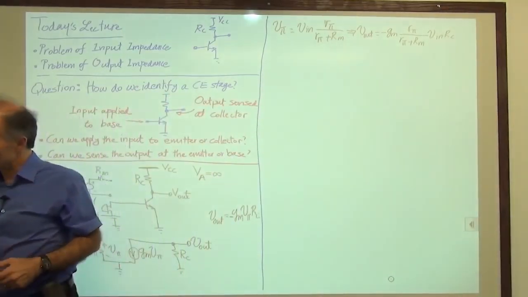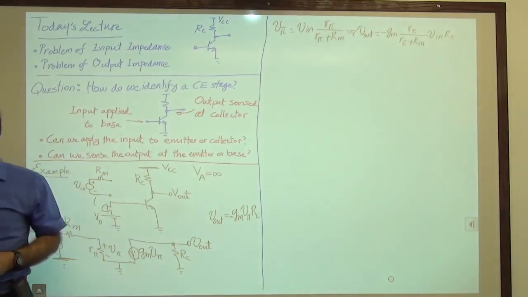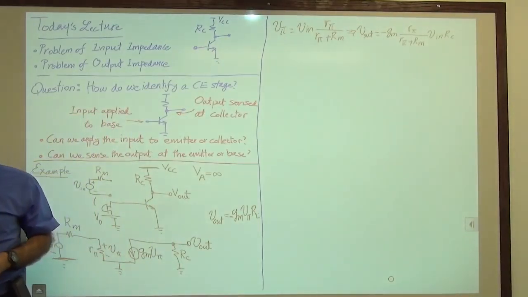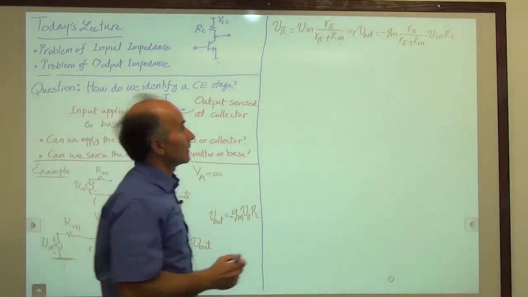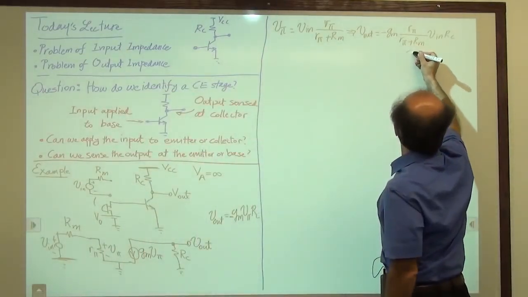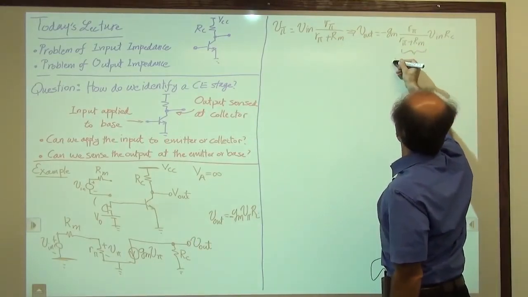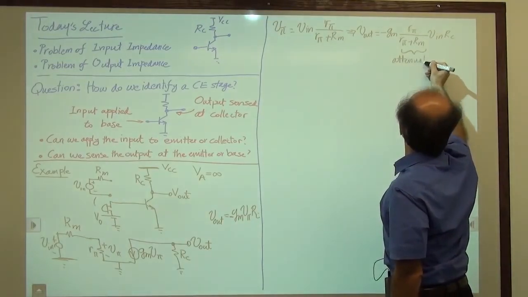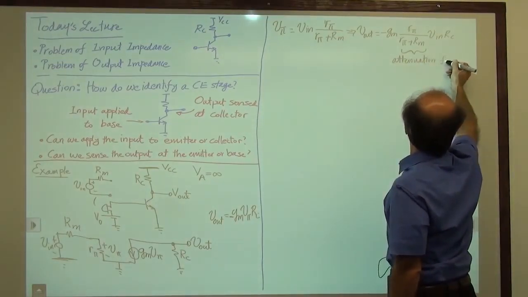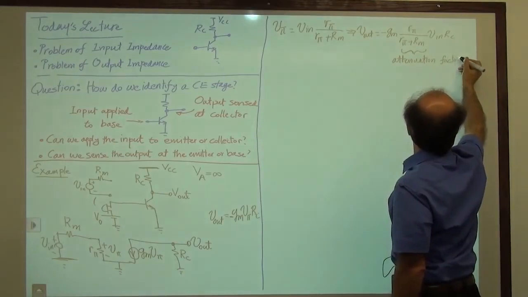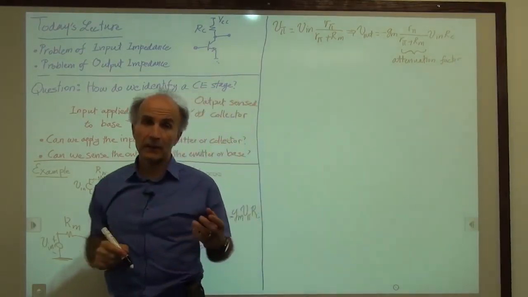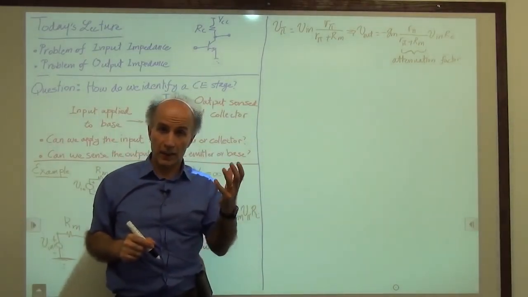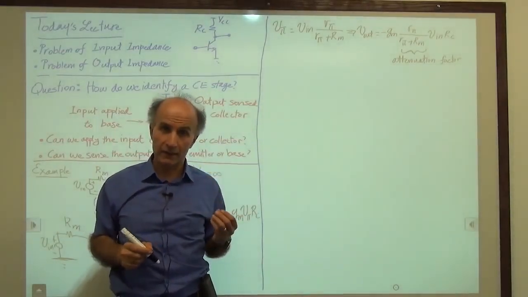So how do we represent this effect? Let me just call this the attenuation factor. This is something that the voltage gain we found before does not tell us.